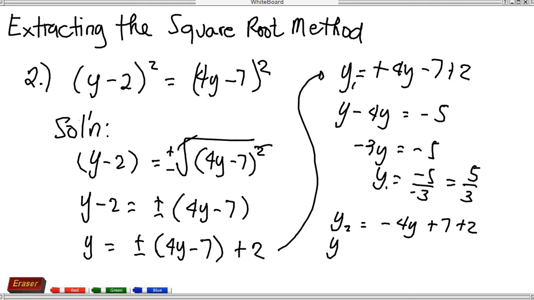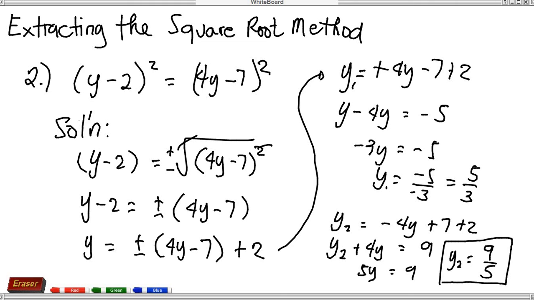So we'll have y + 4y = 9. Therefore 5y = 9, or y2 is equal to 9 over 5. This is now your y2, and this is your y1.